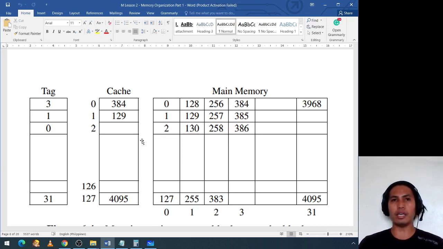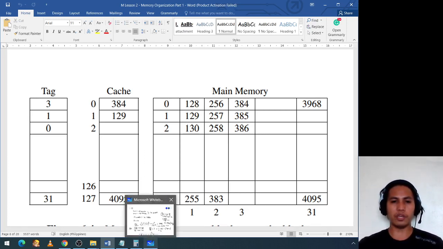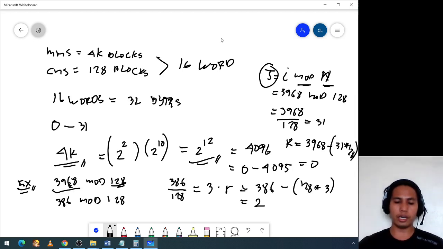But to give you an idea, imagine pag ang request ni CPU is 1, then 2, then 386, then 400, and so on. So, sabihin natin may 4 na request lang si CPU.